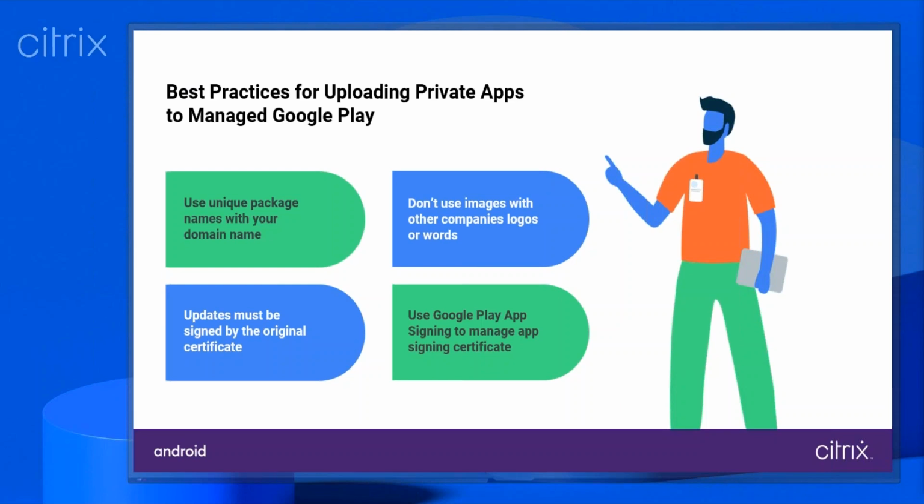You're not allowed to use images with other companies' logos, because again, that could be fraudulent or really tricky, and that is something that we're not going to accept. And you can use the Google Play app signing mechanism to manage the signing certificates. That's a benefit, because if you have developers leaving the company for whatsoever reason, and they did not take good care of the key, then you have a problem.